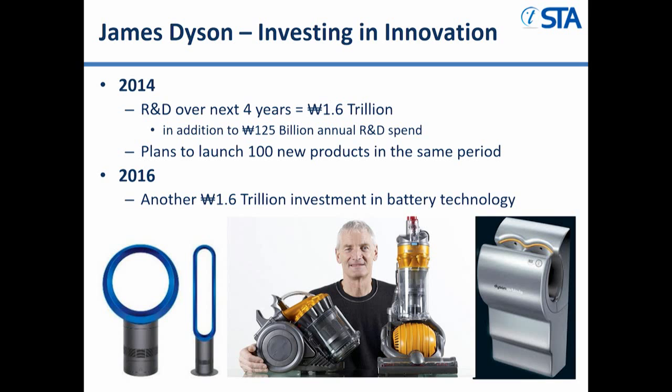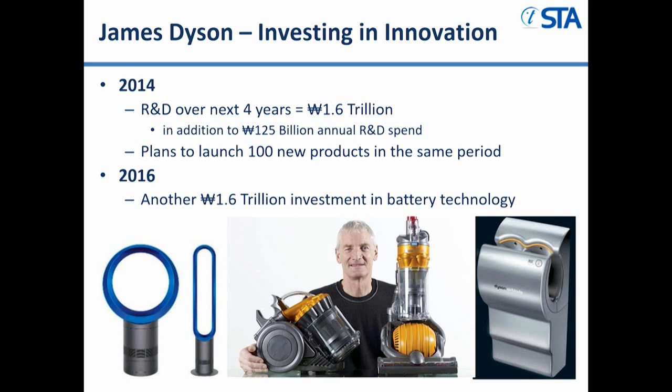One of the things Dyson appear to have learned is that if they're going to survive in the future, they can't have just one product, and you can see that they've already diversified partly. They're investing in their R&D. In 2014, they said over the next 4 years they would invest 1.6 trillion extra in R&D above their usual, and they planned to launch 100 new products in that time period.